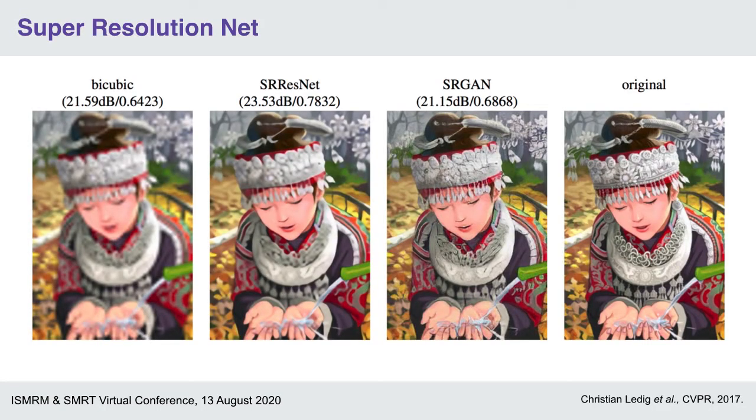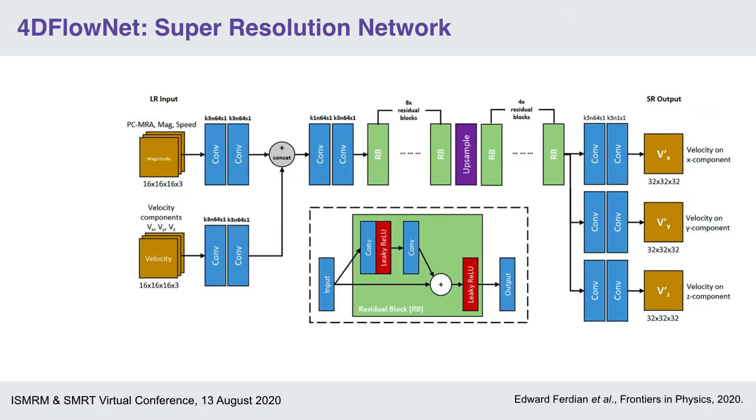His network was based on the SRNet, the super resolution network. This is a common network used by the computer vision community to increase the resolution of an image. And we can see how good the super resolution network is compared to, for instance, the bicubic interpolation method. So based on this idea, Edward developed this 4D FlowNet.